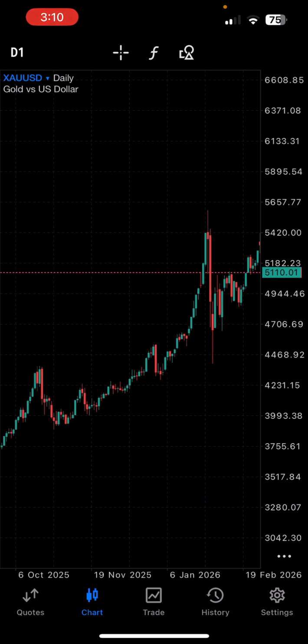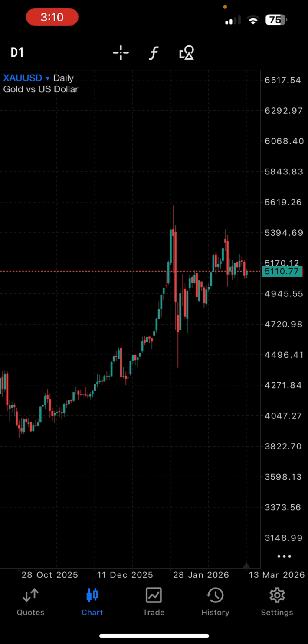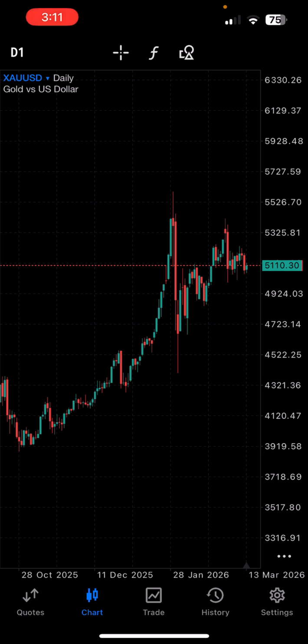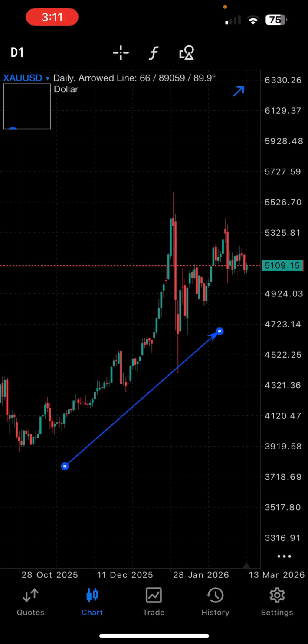Now, how do we analyze? Simply, analyzing means you have to look for those patterns that you need in order to get an entry or a trade. And that is what I'm going to show you here. You begin from the higher time frame, as I said earlier. Then you get the direction of the market, which is trending up.